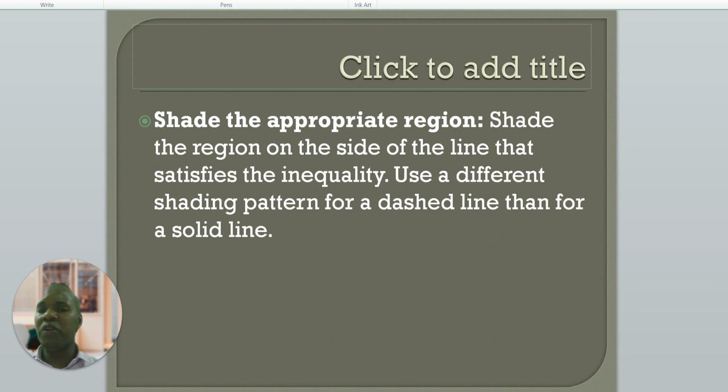Then the next step, you are going to shade the appropriate region. Shade the region on the side of the line that satisfies the inequality.